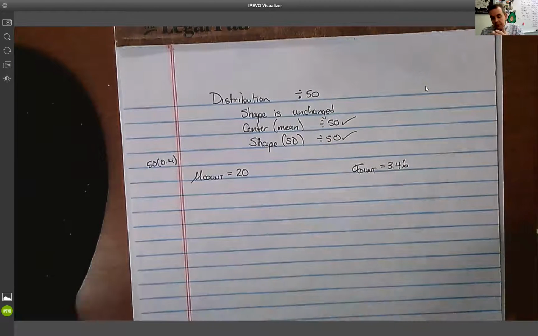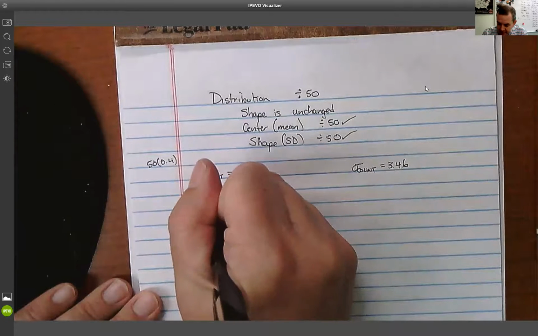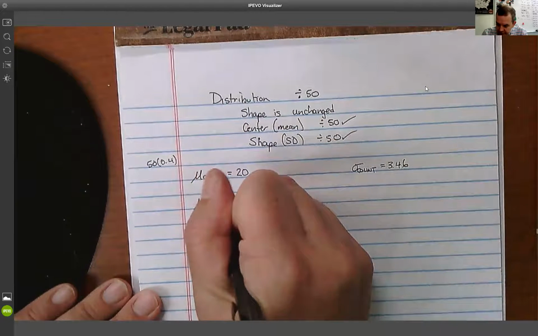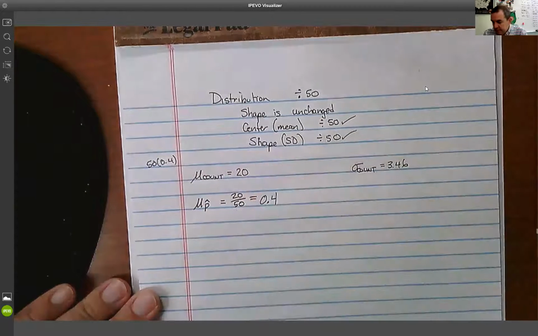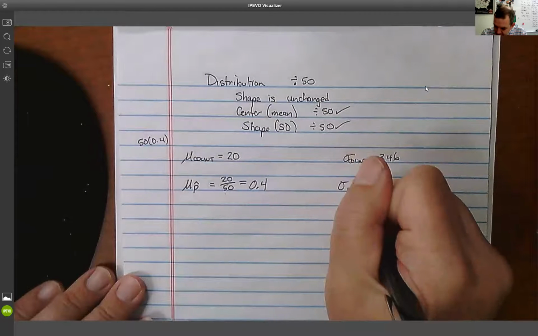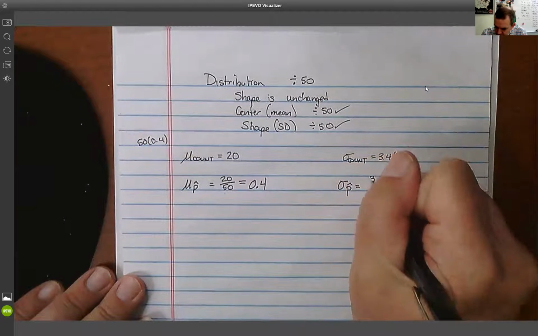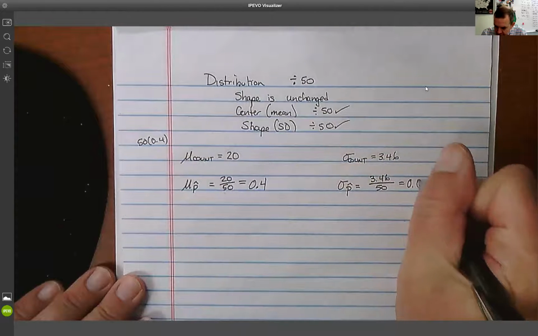Since I want to turn it into a proportion, I need to divide it by 50. So I'm going to find out that the mean of my proportion is going to be 20 divided by 50, which is 0.4. I'm going to find out that the standard deviation is 3.46 divided by 50, which is going to be 0.0692.